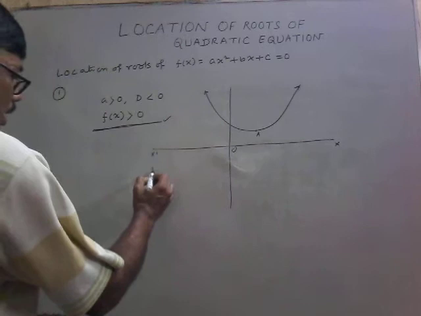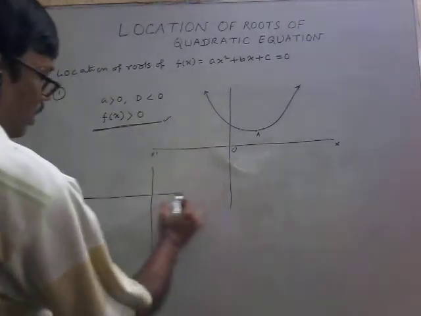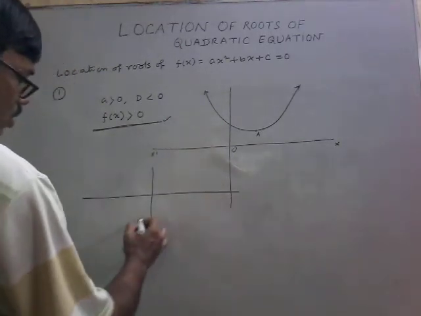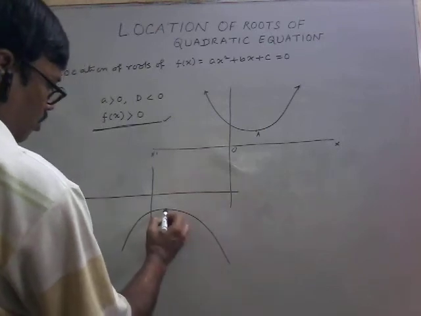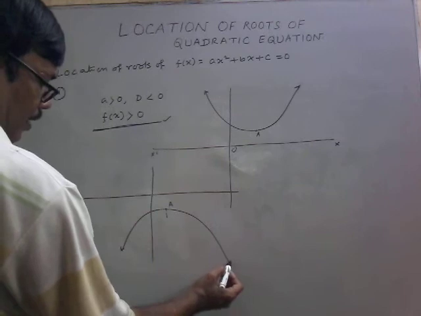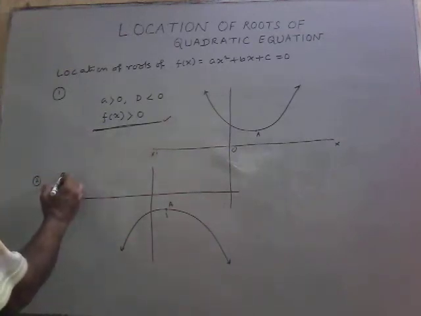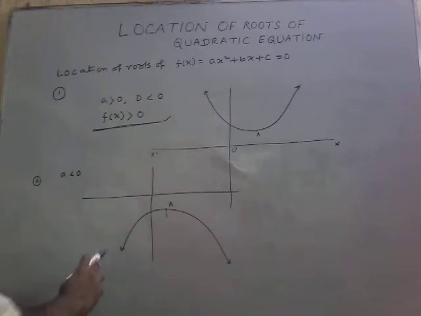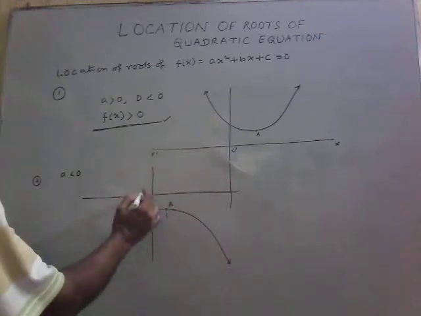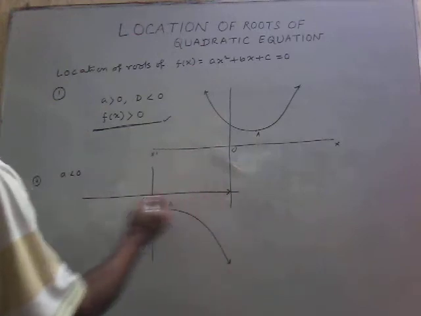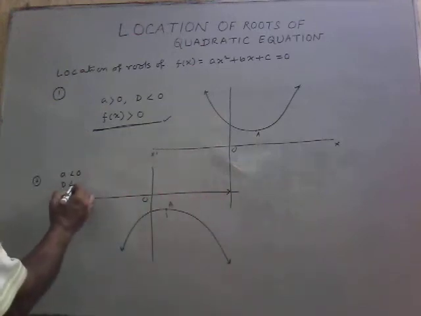Now we get this type of figure also. This is the vertex of the parabola. For this type, a less than 0 because it opens downwards, and it does not cut the x-axis. So D less than 0.